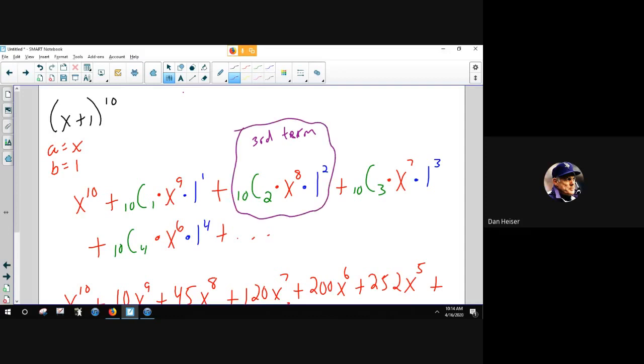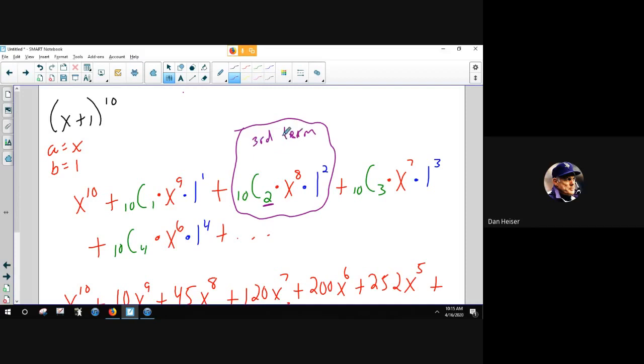And notice that the number of the term is one more than what we take NC of. Third term, we have 10C2. Fourth term, 10C3. We're one less.